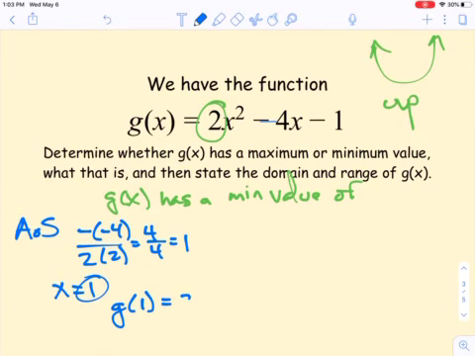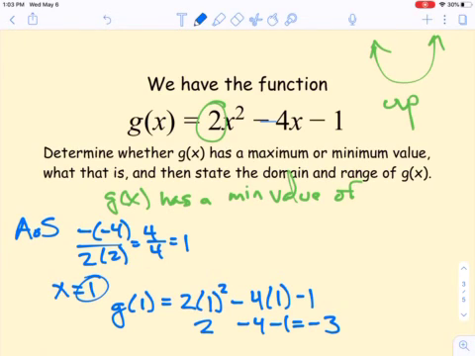So we're going to go 2 times 1 squared minus 4 times 1 minus 1. So you get 2 minus 4 minus 1. So you get negative 3. So g of x has a minimum value of negative 3. All right, and the point would be the point 1, negative 3. All right, it's that simple.